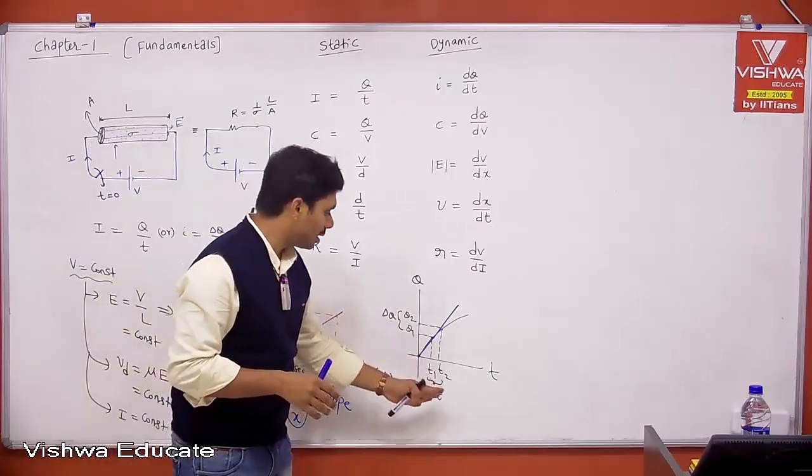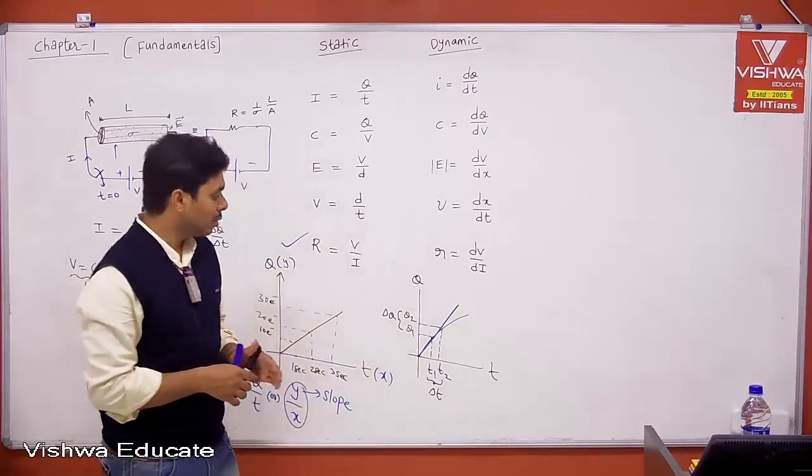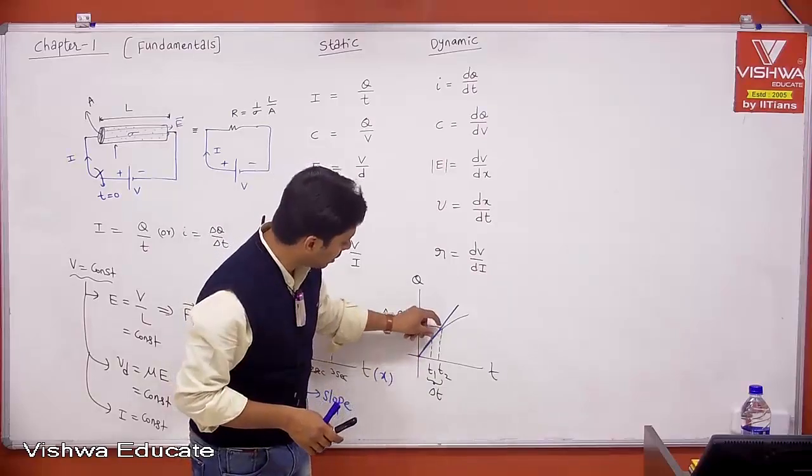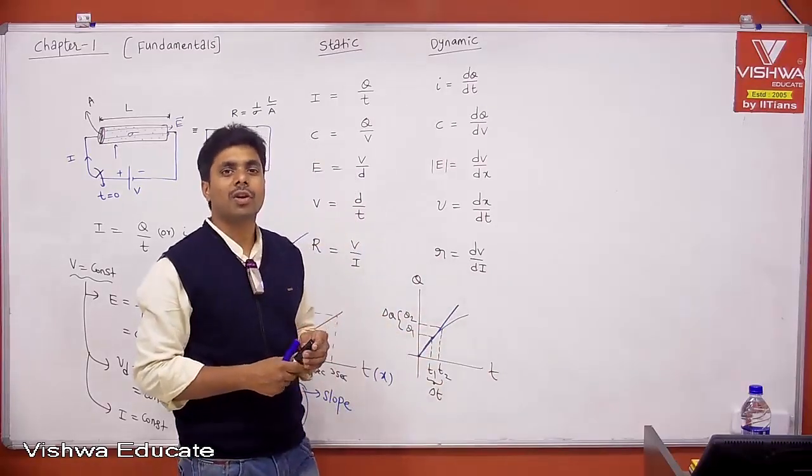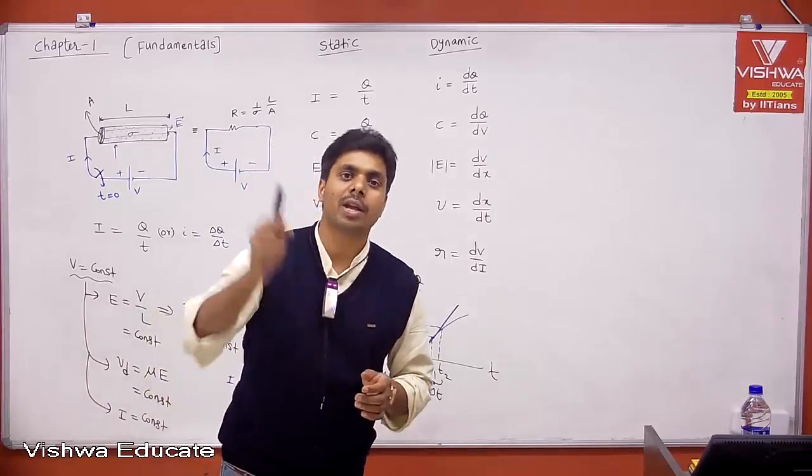Therefore, the slope is different here, here, here, for a non-linear curve. Therefore, the slope of a non-linear curve depends on the operating point.